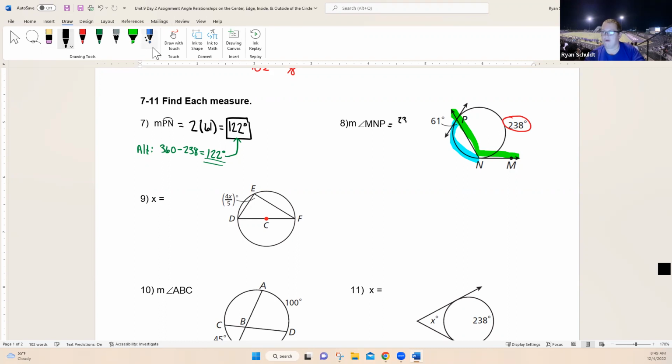Since we're out and we need to bring it in, we take that 238 and divide it by 2. And that will get us 119. There we go.